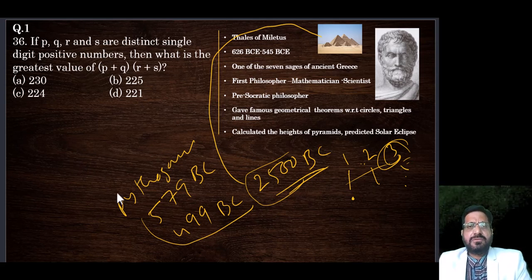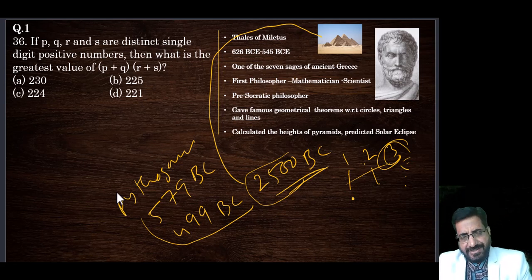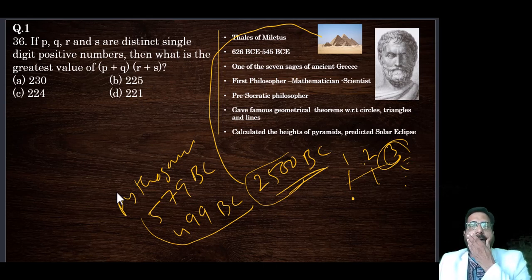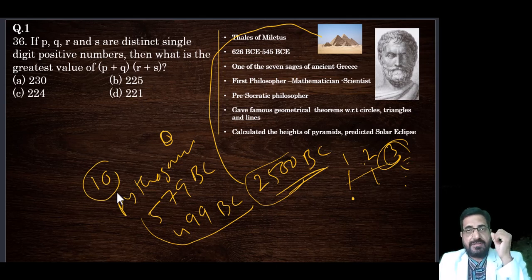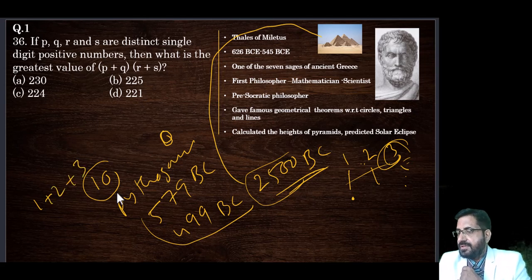Okay. Now, what I am trying to say here is that mathematics, what we know today, started from geometry, different concepts, and during Pythagoras' time, there was no symbol for 0. But even then, he considered number 10 as the most perfect number, because if you add the first four numbers, you are getting 10.